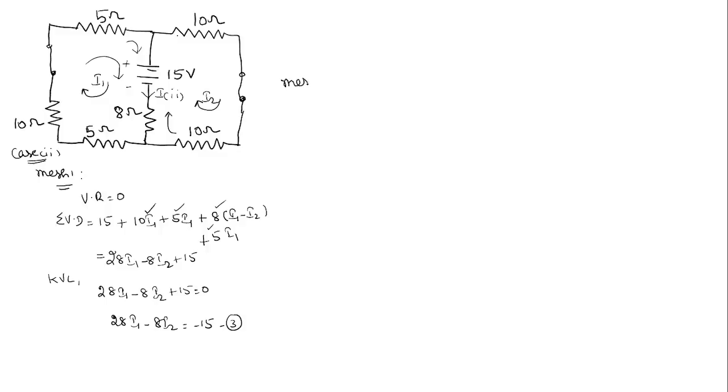Similarly, we have to write the equation for mesh 2. In mesh 2, the current I2 is flowing from negative to positive with respect to the voltage source, so it is considered as voltage rise. Again, we write down the voltage drop across all the resistors. For this 10 ohms resistor, it is 10 into I2. Along this resistor, the current is I2 again, so 10 into I2.